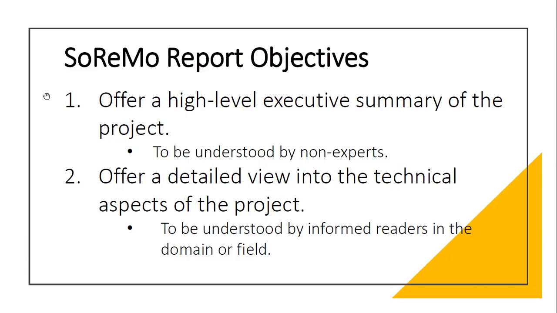The second objective of the SoReMo report is to have the technical aspects of the project. For the technical aspect, this is for people who have domain knowledge or who are experts in the field. So the executive summary is for the non-experts and the technical aspects of the report are for the experts or the informed readers in your domain.